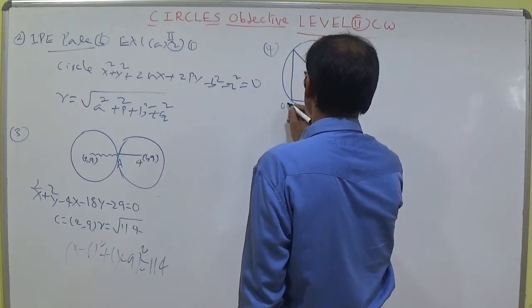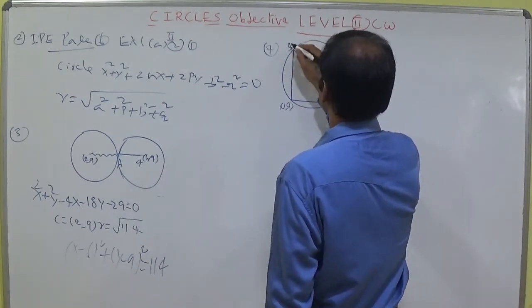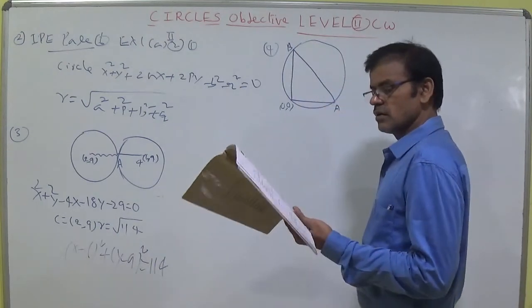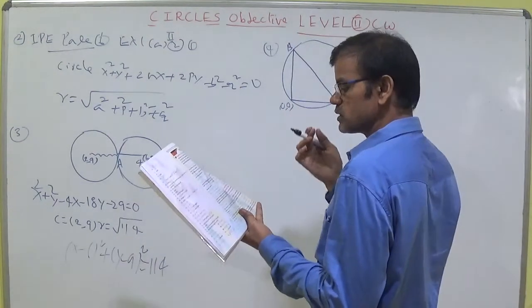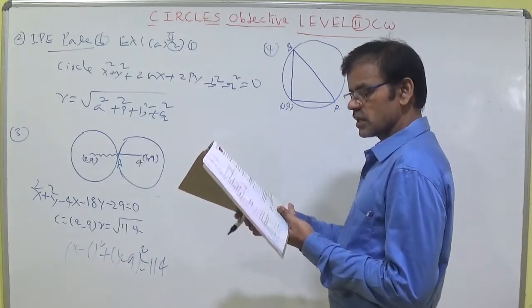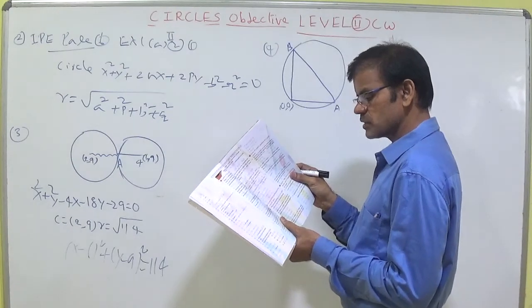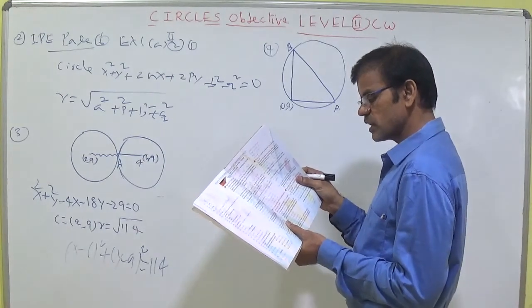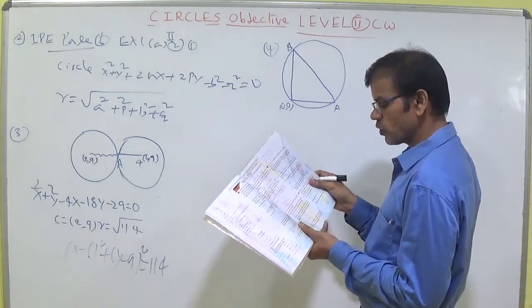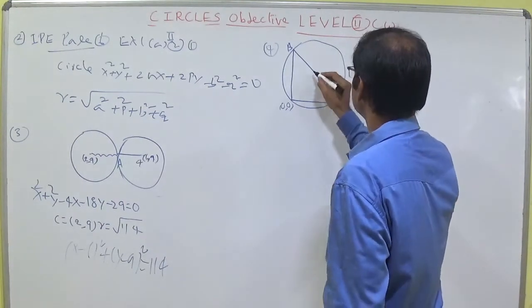Put here this is 0, 0, this is A, this is B. Center 0, 0 passing through a circle of constant radius. Okay, passing through is given. A circle of constant radius 3k passes through 0, 0 and cuts the axis in A and B. The locus of the centroid of triangle OAB. This is the centroid.